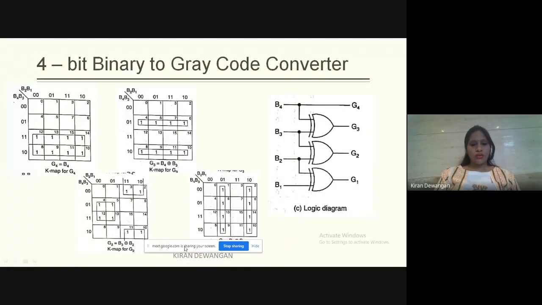And this is the logic diagram we got. This is how we use the XOR for obtaining the gray code bits from the binary code bits. Clear? Now let's move on to the next one.